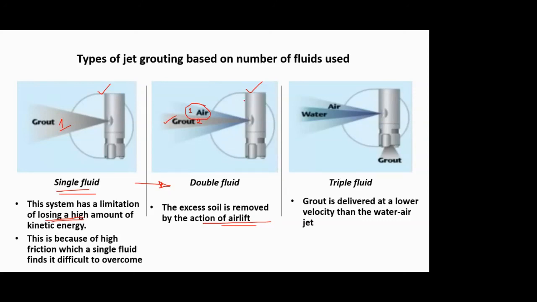The same process will be done here: this air will be given another passage to rise through, maybe the same pipe or another pipe. If it's the same pipe, it will be a coaxial pipe. Through that, the air can leave the system, and only grout will remain, which will set, and you'll get a firm, solid pillar of grout. So that's the double fluid.